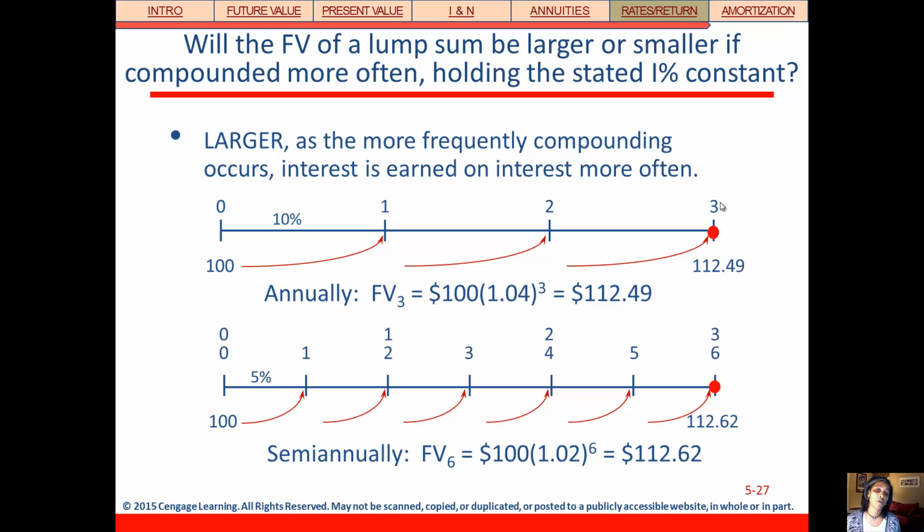So here's an example. First, with annual compounding, $100 grows to $112.49 at 4% over 3 years. But if I earn interest semi-annually or twice a year, I'm getting 6 interest payments instead of 3, and so I'm getting an extra 13 cents at 4% annually. Because if you notice, 4% annually is 2% semi-annually.